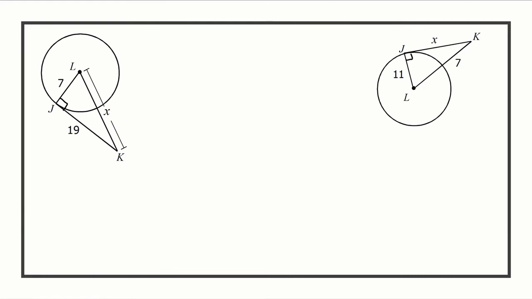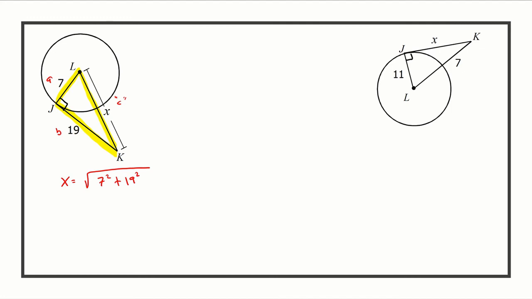Okay. So for this particular problem, notice how we have a right triangle already here. And we have our A and our B, and what we're looking for is our C, our hypotenuse. Right, so this is our quote-unquote C. Here's A, here's B. And so since we're looking for the hypotenuse, x, we're going to use A squared, which is 7 squared, plus B squared, which is 19 squared.